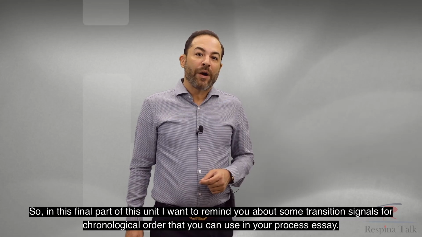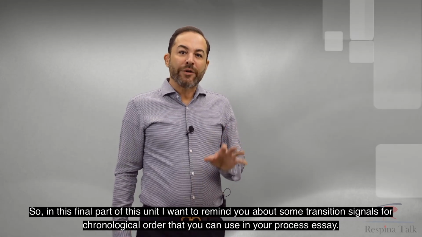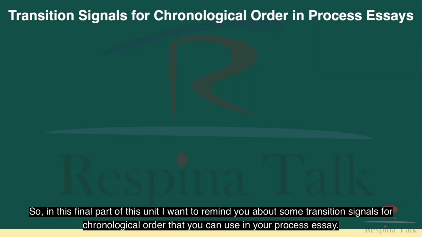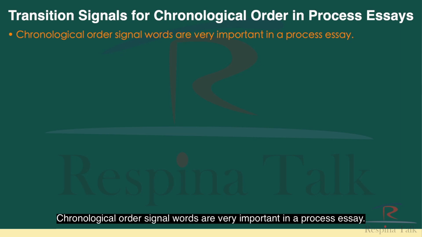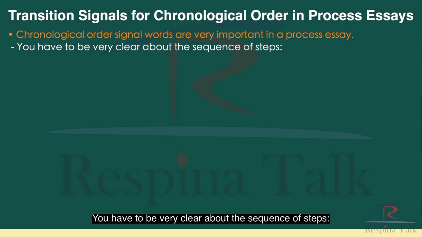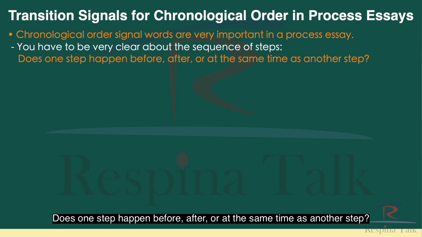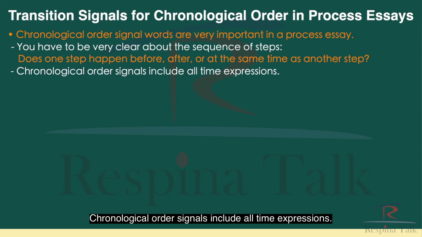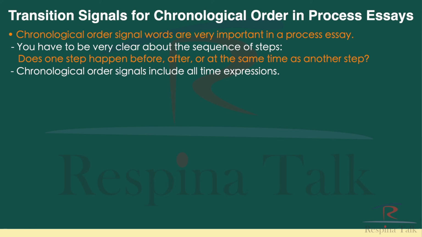So in this final part of this unit, I want to remind you about some transition signals for chronological order that you can use in your process essay. Chronological order signal words are very important in a process essay. You have to be very clear about the sequence of steps. Does one step happen before, after, or at the same time as another step? Chronological order signals include all time expressions.